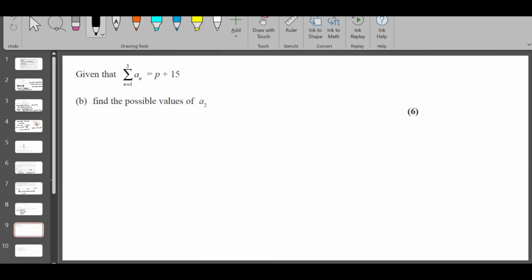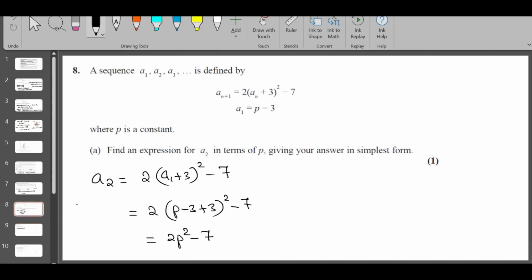Part B. Given that sigma n is equal to 1 to 3, an is this. So if you write out all the terms, a1 plus a2 plus a3 is equal to p plus 15. They want you to find possible values of a2. a2 is in here. To find the possible values, we need the possible values of p first.